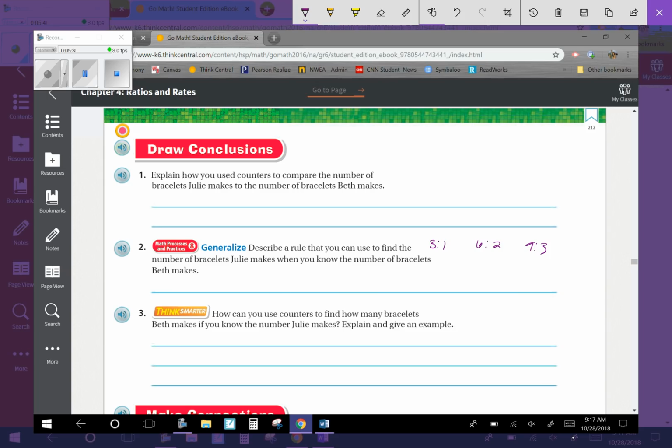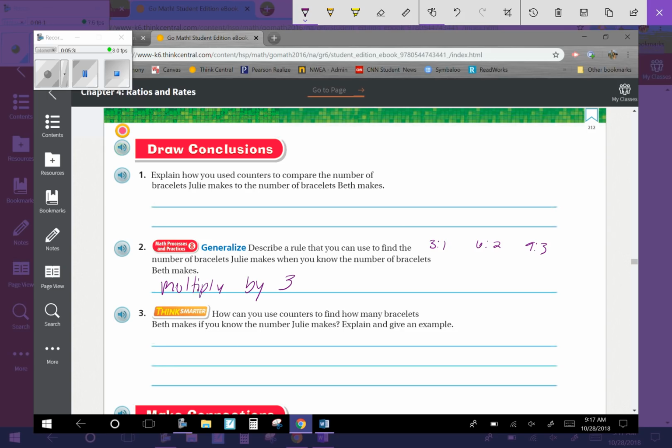So when I look at this second number and then this first number, I can see that 1 times 3 is 3, 2 times 3 is 6, and 3 times 3 is 9. So I'm multiplying the number that Beth makes by 3.